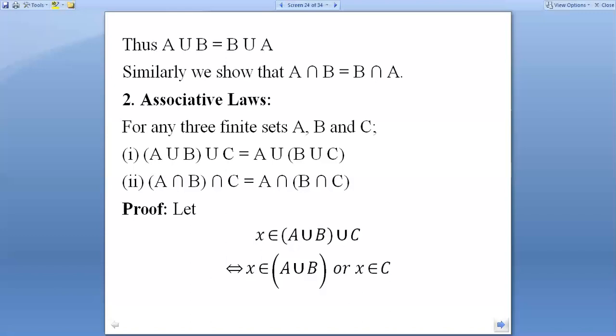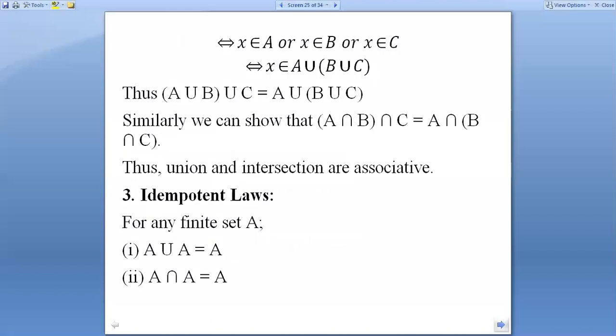X belongs to (A union B) union C implies X belongs to A union B or X belongs to C, if and only if X belongs to A or X belongs to B or X belongs to C, and it can also be written as X belongs to A union (B union C). Thus we see that (A union B) union C is equal to A union (B union C). Similarly, by the principle of duality, we can show that associativity holds under intersection also.